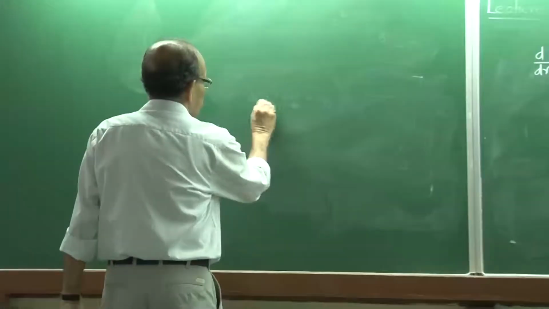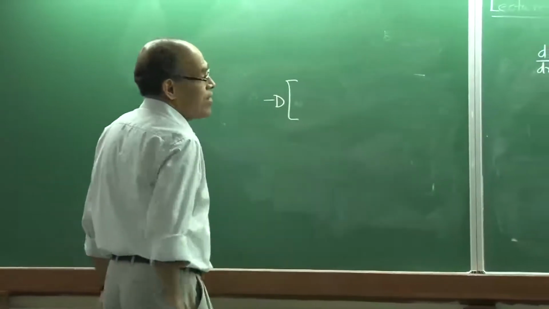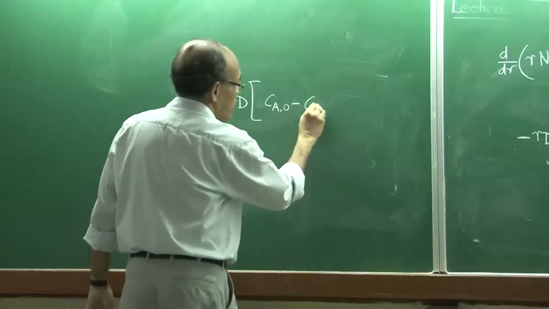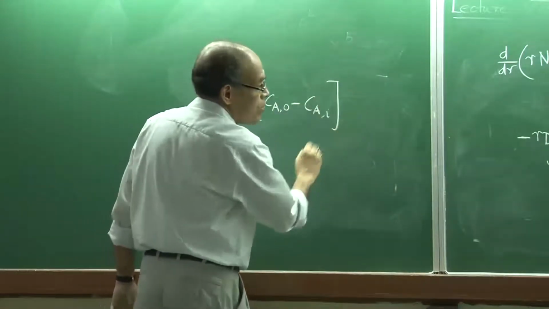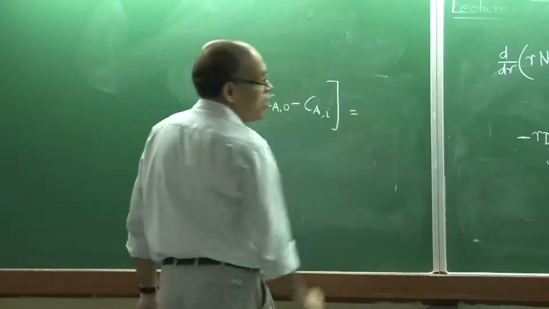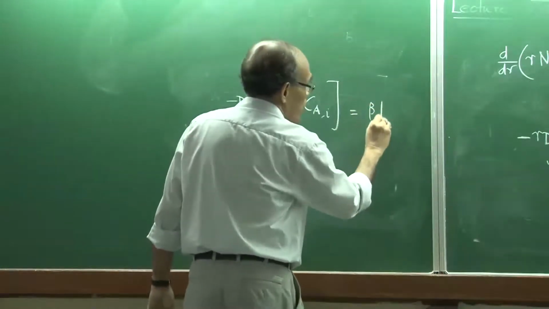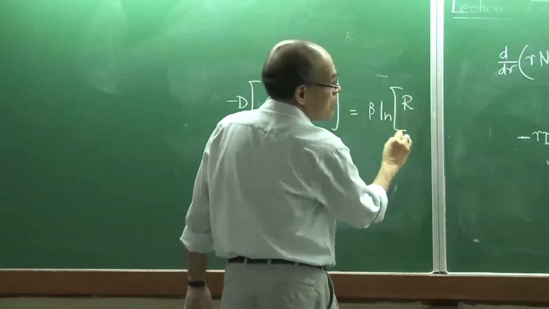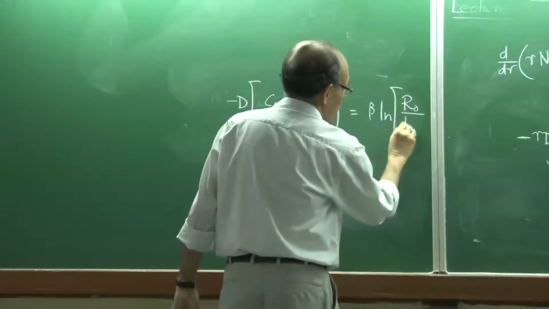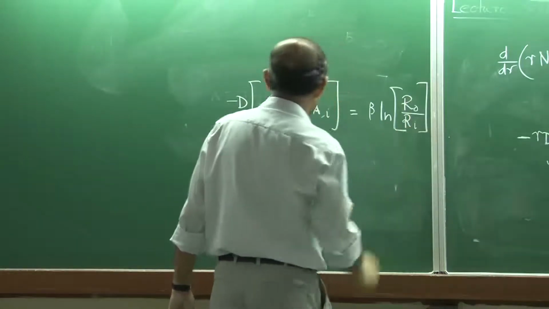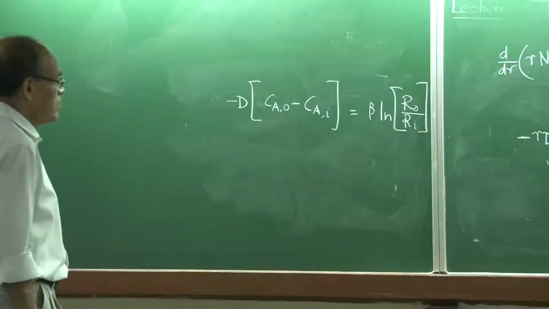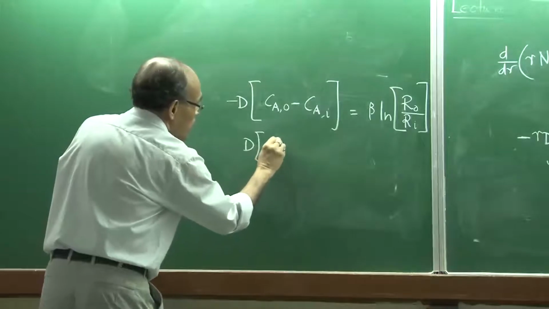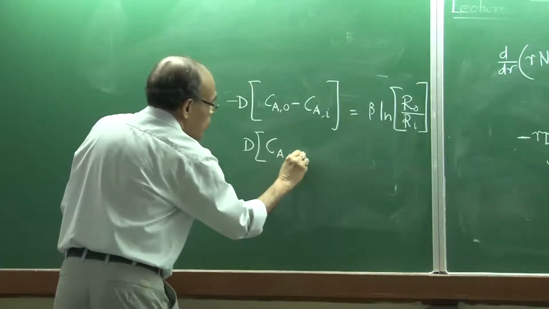So if you integrate that, then we have CA0 minus CAi, and this is going to be beta into ln R0 outer by Ri. Or we can say that since the inside concentration is none, we can write it like this.